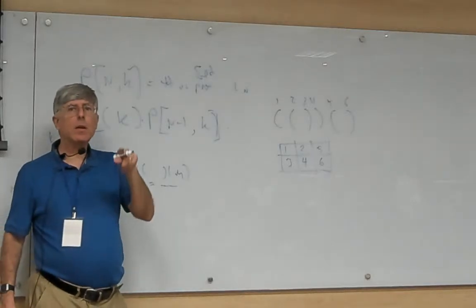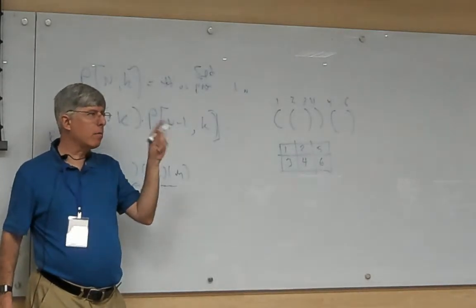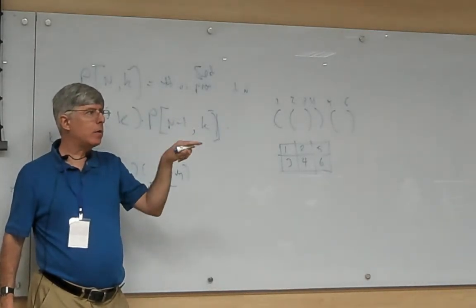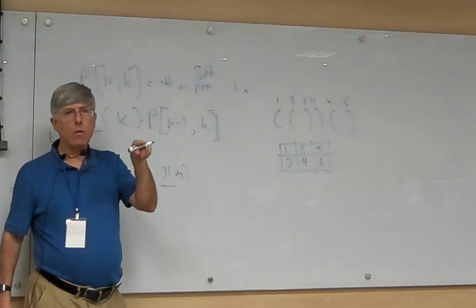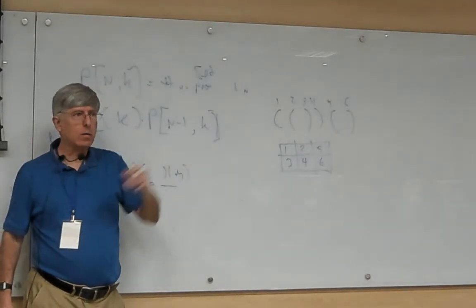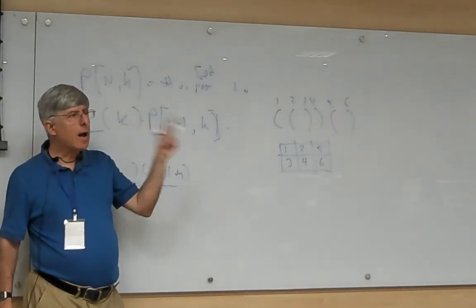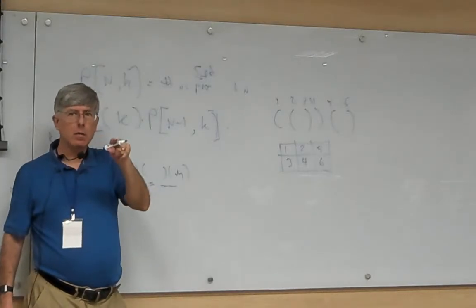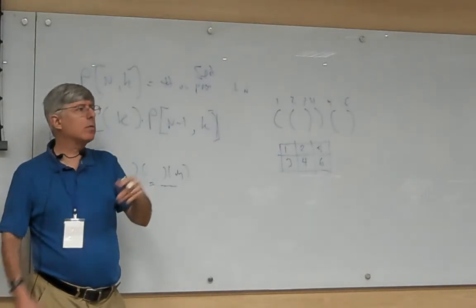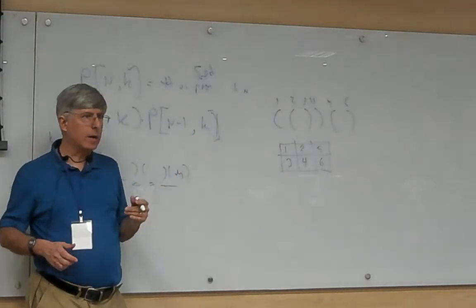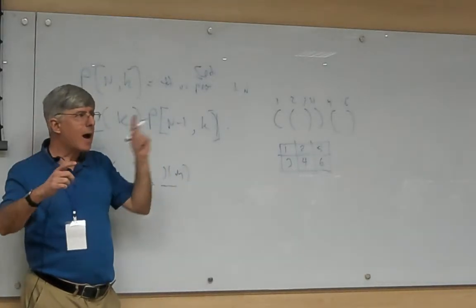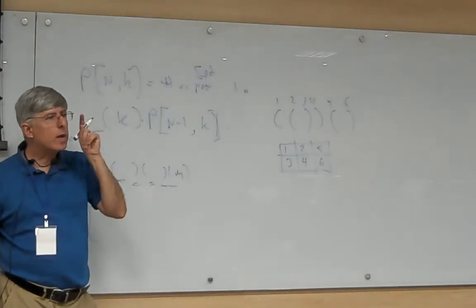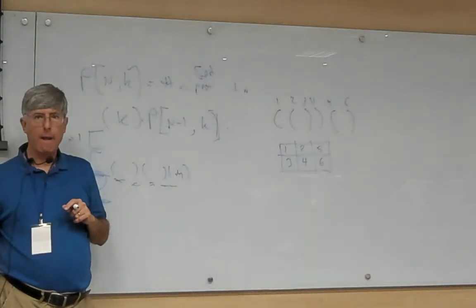Does this table have to be sorted by rows? Does every row have to be sorted? Of course, we're reading them from left to right. Does every column have to be sorted? Yes. Why? Because it's a well-formed thing. The ith left parenthesis has to be before the ith right parenthesis.